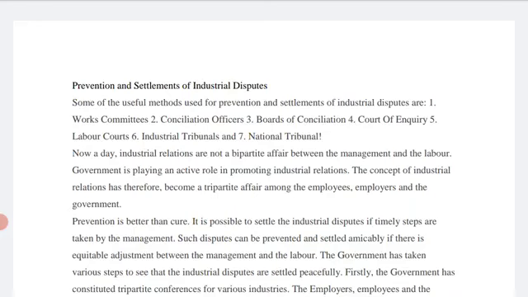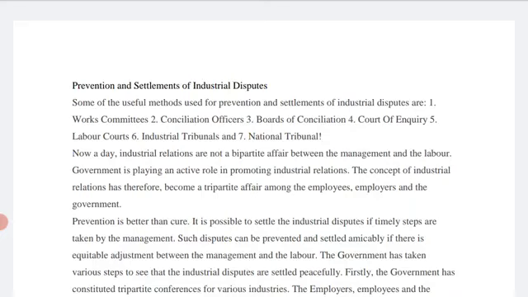If the employer as well as employee enter into conflict, what will happen then? Yes, the whole industry will be disturbed.